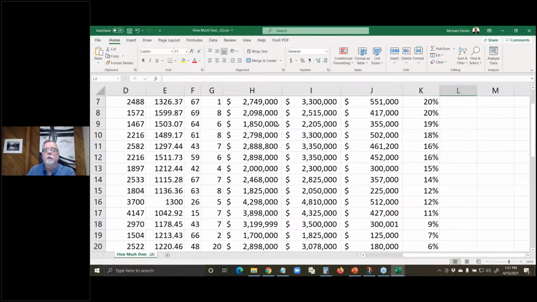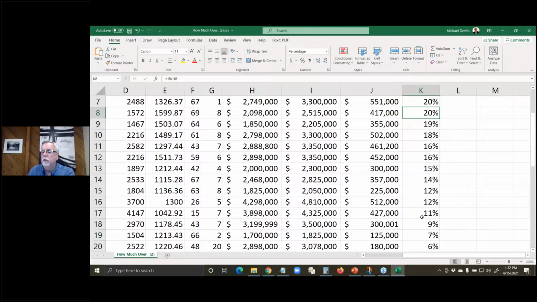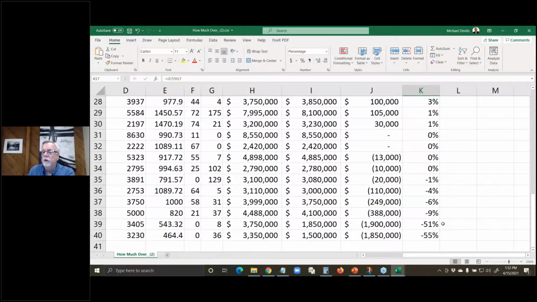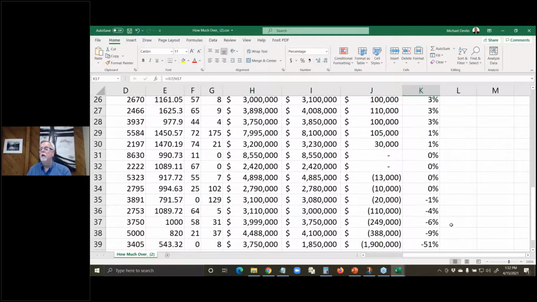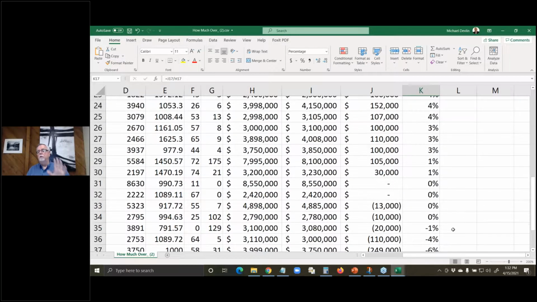These are bigger numbers maybe than you're seeing in Lincoln, but look at 25, 24, 20, look at all these that are above 20%. Look at all of the ones that are above 10%. Look how there's some people down here at the very bottom. I don't know what was wrong with them. 51%. I don't normally see that, but notice how most of the properties are selling for above the list price.